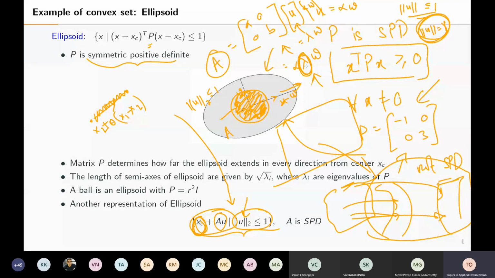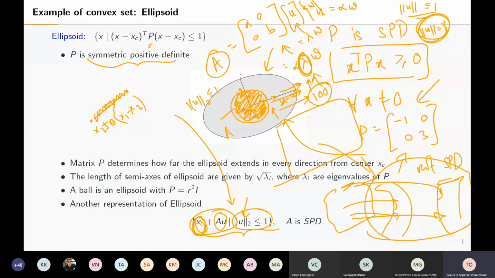But since lambda is the largest, let us say lambda is like 100, it is going to stretch this more in this direction, because lambda is the maximum eigenvalue. So the unit vector was here, and it will be scaled by 100 in this direction.